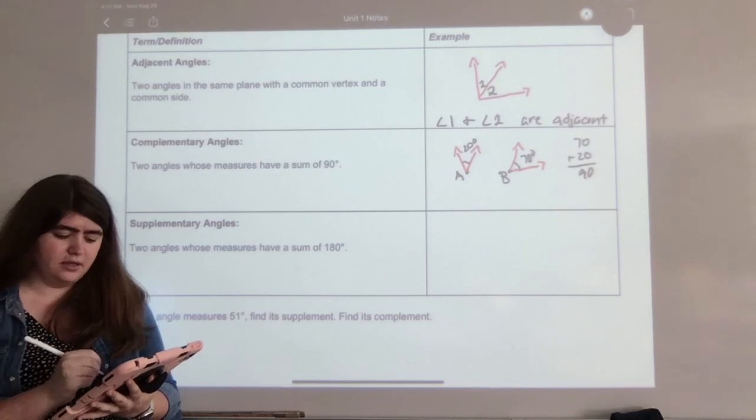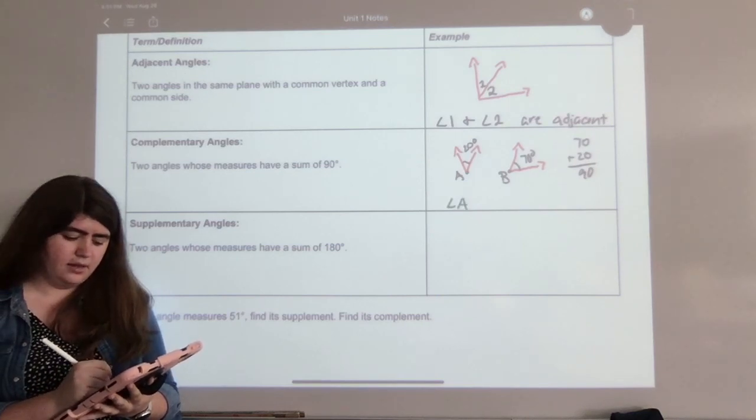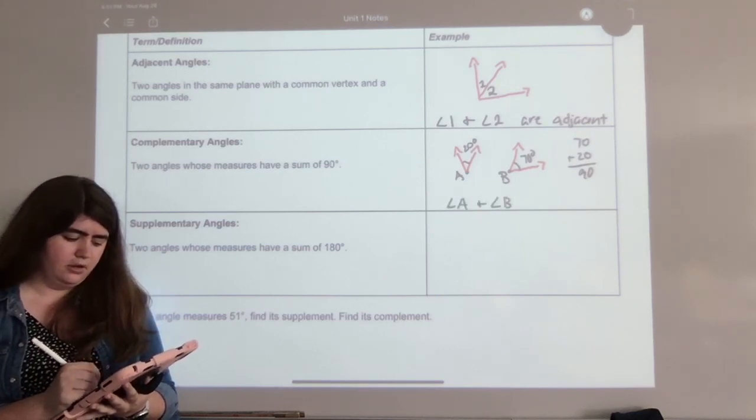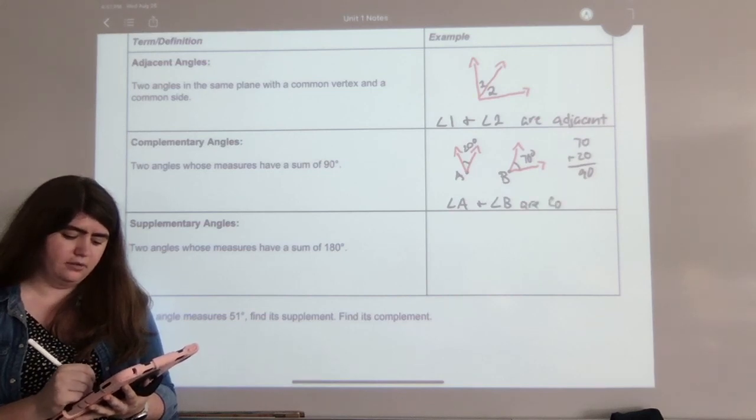Then I could say that angle A and angle B are complementary.